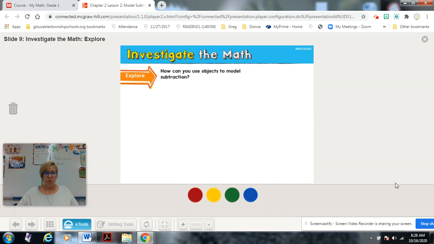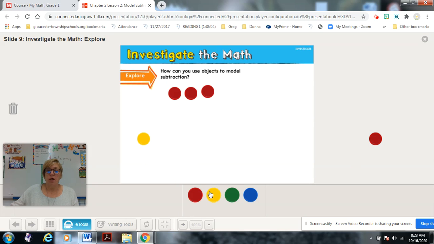I'm going to use the counters. One way I like to use objects is I can slide them up into however many I have, right? That's one way. And then I can take them away when I subtract.